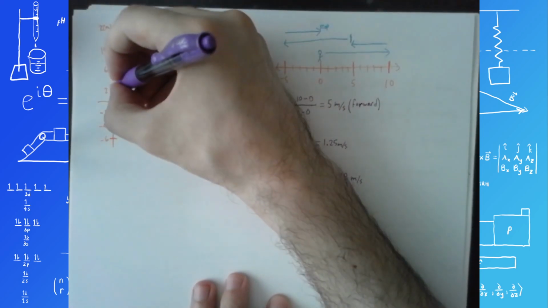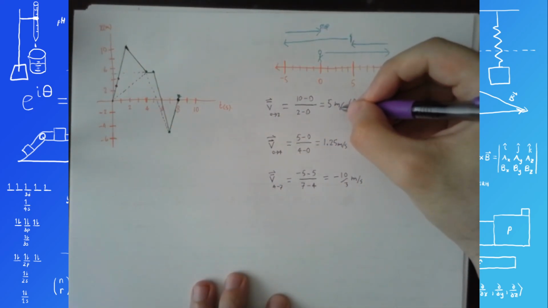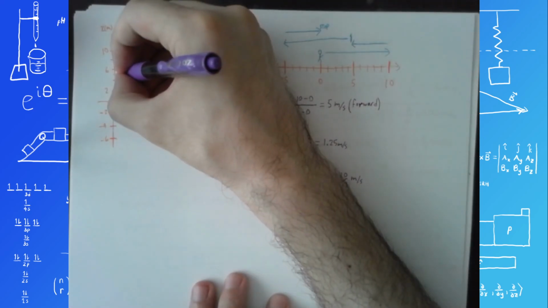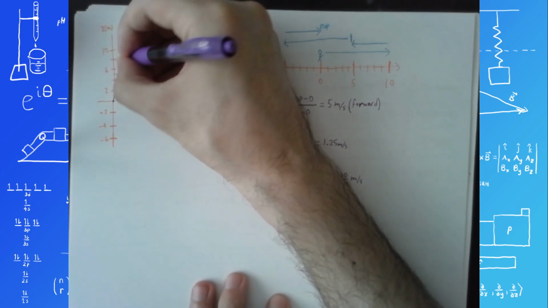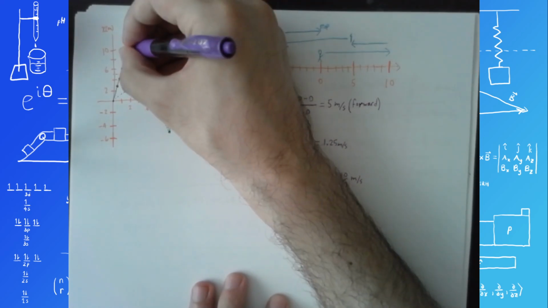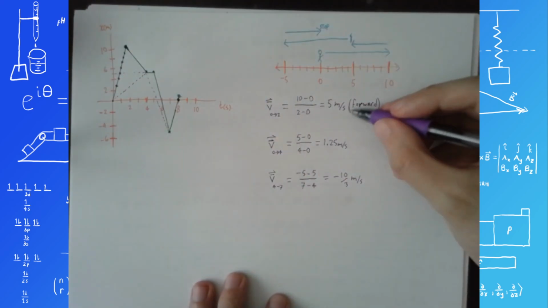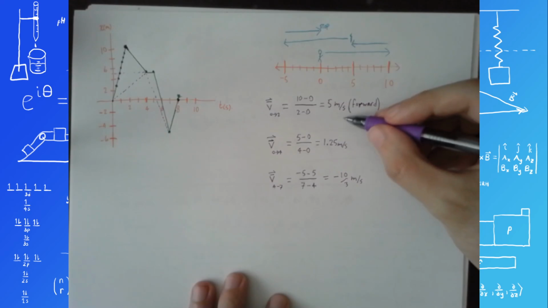So at every moment over here, what did we calculate it as? 5 meters per second. So at every single one of those points until this person reaches their first turning point, the person is actually traveling at 5 meters per second.